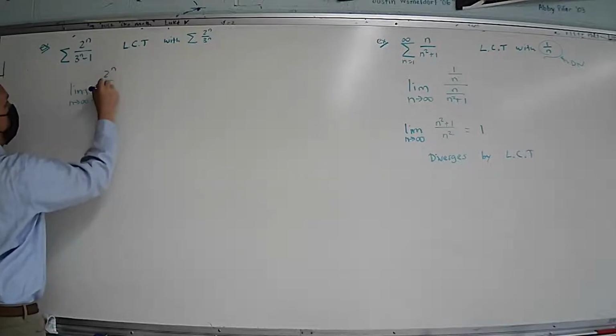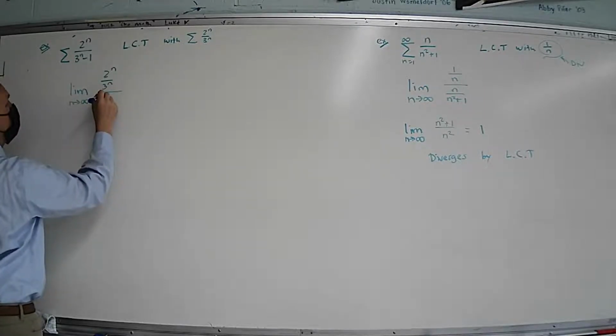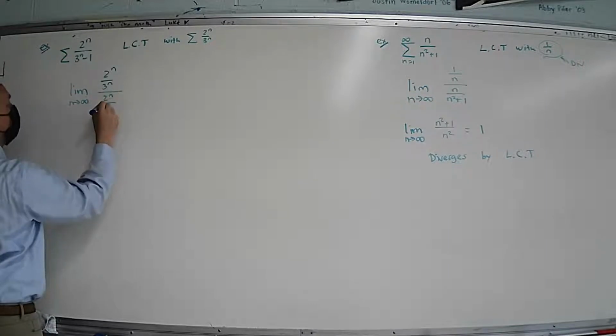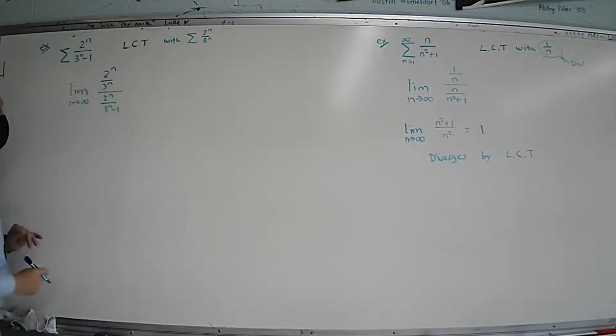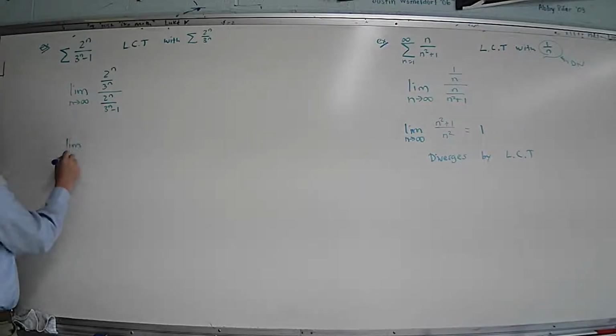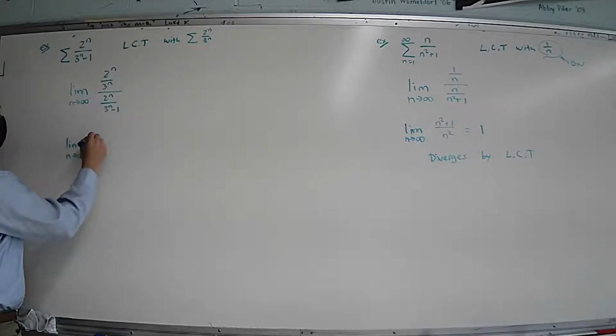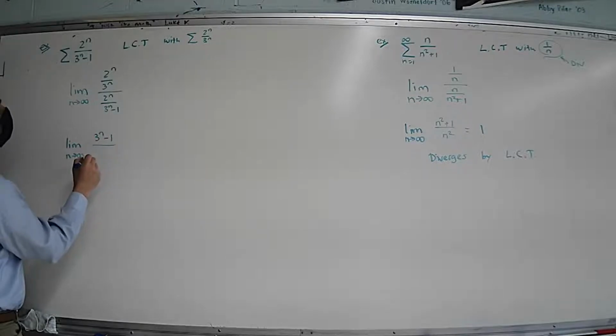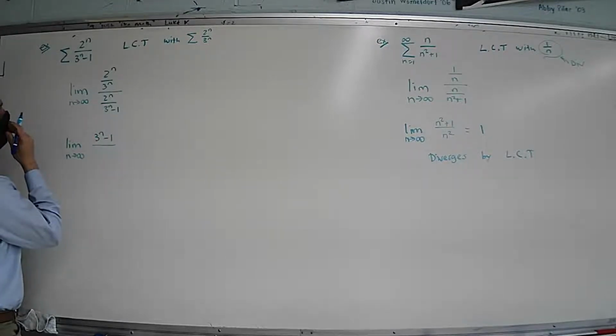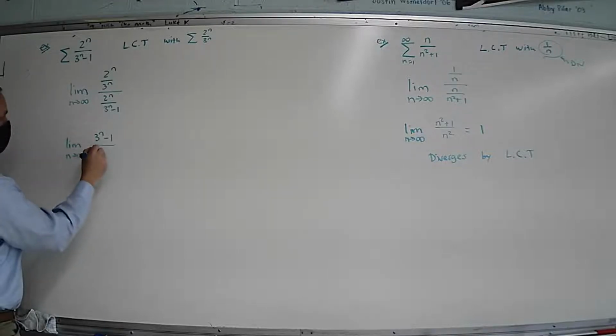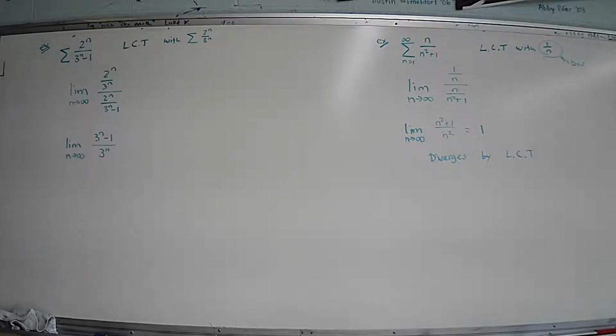2 to the n over 3 to the n, over 2 to the n over 3 to the n minus 1. So this ends up being 3 to the n minus 1 over 3 to the n. And what's that limit?